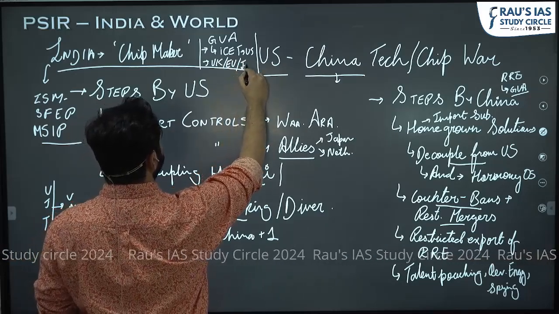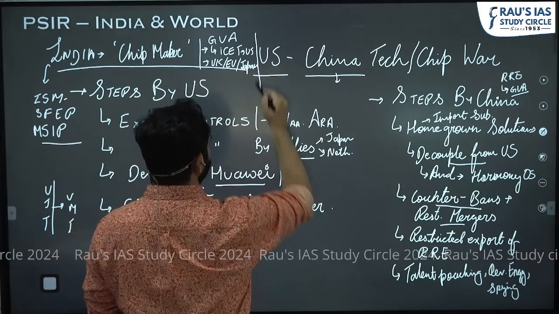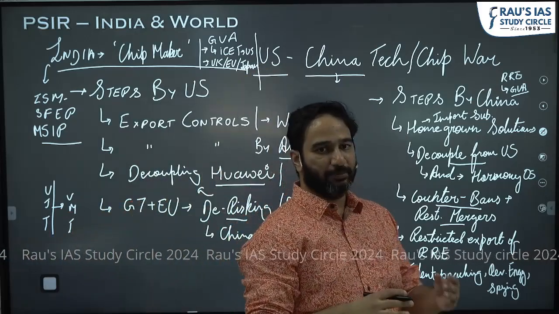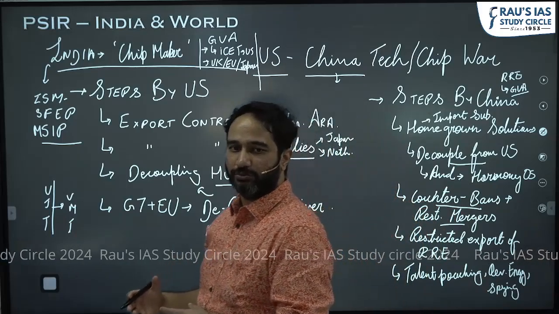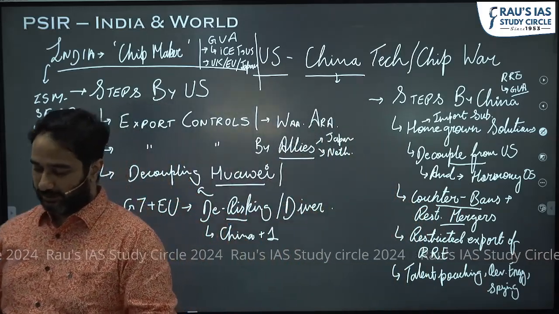So we've signed various MOUs or agreements with all of these countries so that some part of the semiconductor supply chain can be shifted to India. Write on.